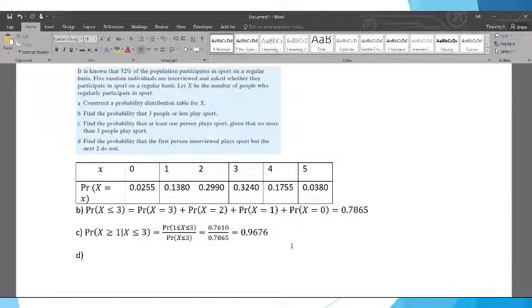It talks about overall who is doing sport. So what you have to do is find the probability of success for the first person, which is 0.52, and then you want the next two to not have it.